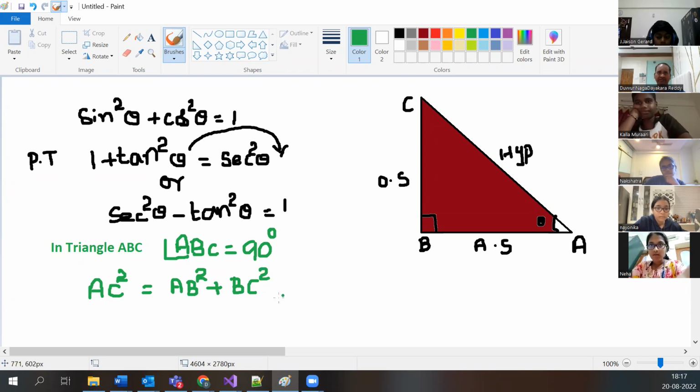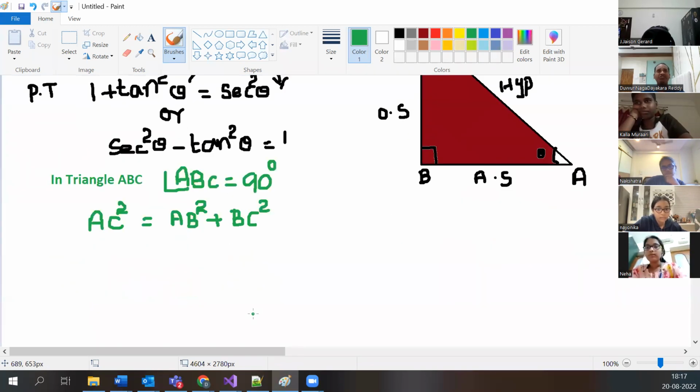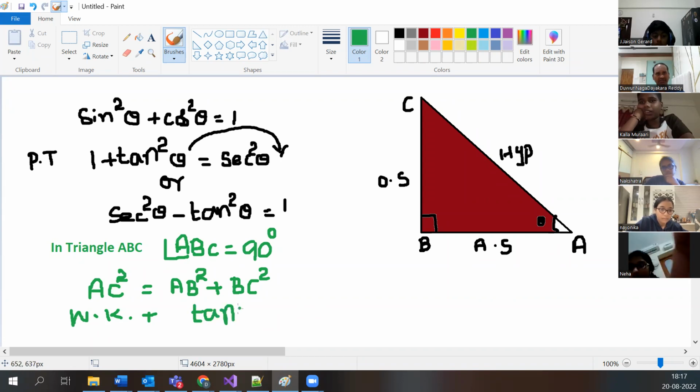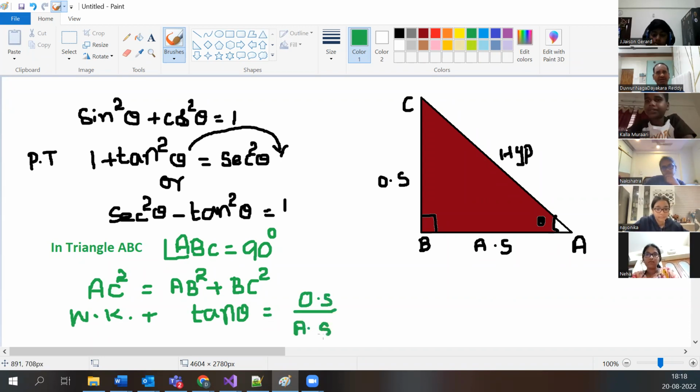Now let it be as it is. According to this triangle, what is the definition of tan theta? Tan theta equals opposite side by adjacent side. From the diagram, the opposite side is BC, so BC by AB.